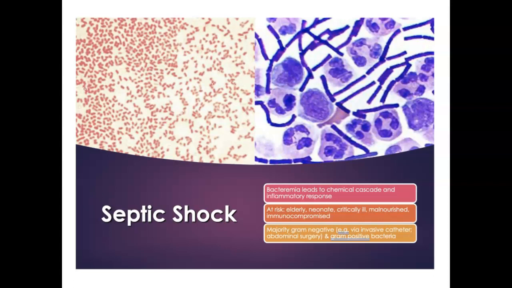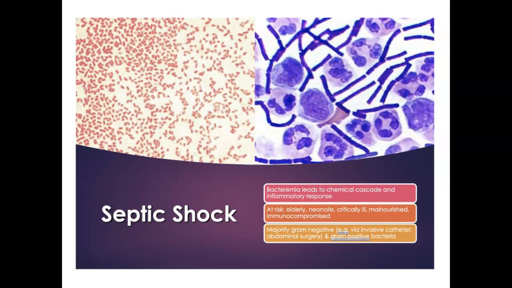So the last shock I want to speak to is septic shock, and it's the most common form of distributive shock. And so if we think of the word sepsis, sepsis is a systemic inflammatory response to a suspected infection or a documented infection. Severe sepsis is sepsis and organ dysfunction, hypoperfusion, or hypotension. And so this is where, when we get into severe sepsis, we're actually moving into septic shock.